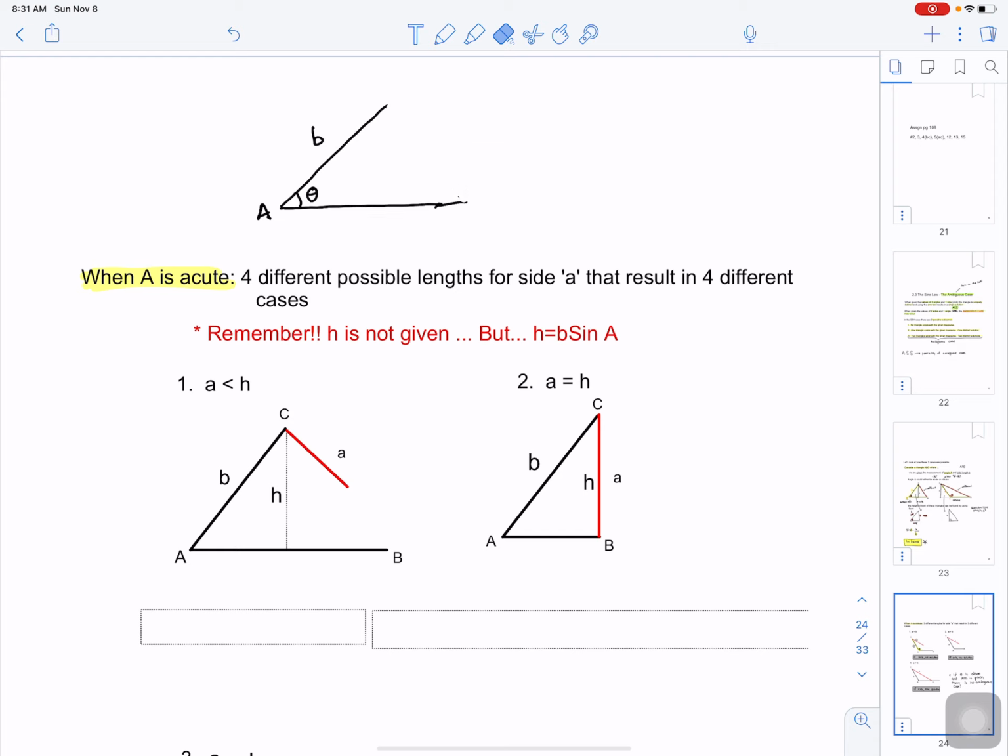So the other side they give us is side A, and we have to decide what side A is going to do in relation to the triangle that's already on the left-hand side. So I'm going to put this information in my diagram. You're going to notice on my ASS triangle, the A will always be on the bottom left, because that's where I'll position it. Here's one of the sides that are given.